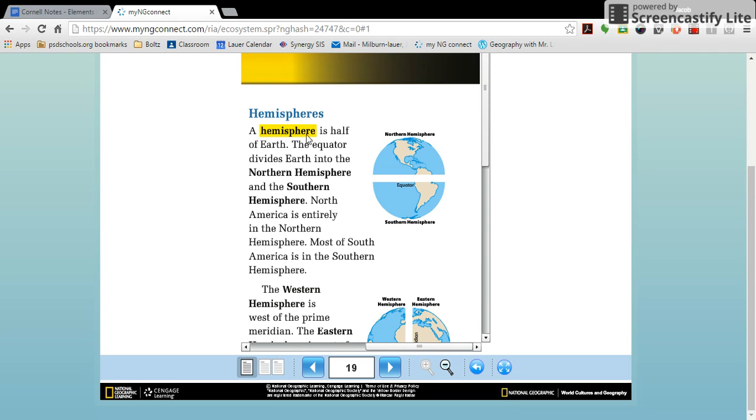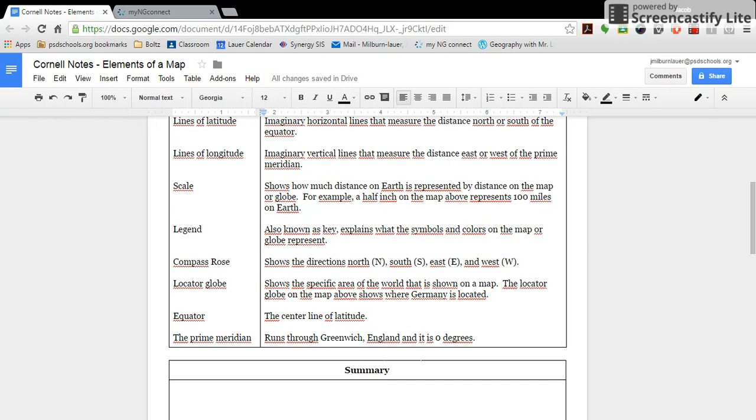A hemisphere is half of the Earth. So let's capture that.